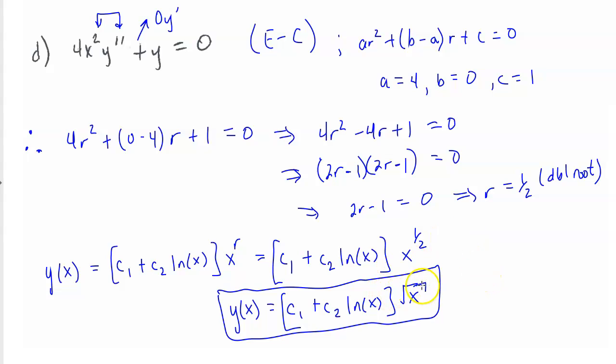Now, one thing we do want to keep in mind here is that since we're dealing with square root of x here, we know x would indeed have to be greater than 0. And that's because we know x is not allowed to be 0 for any Euler-Cauchy equation. And we know that if x was negative, then that would produce complex numbers.